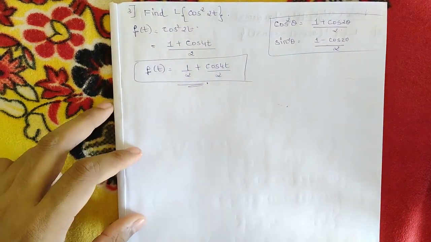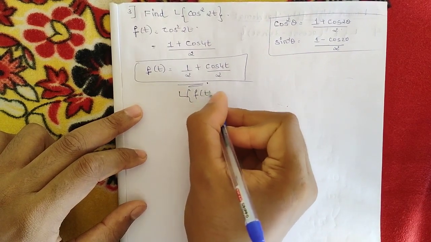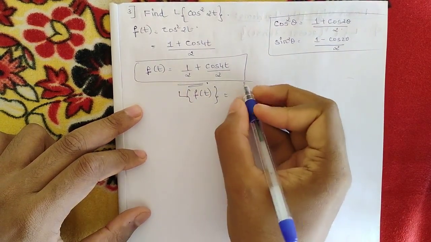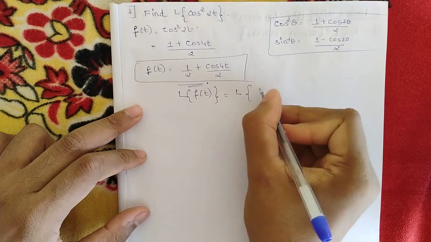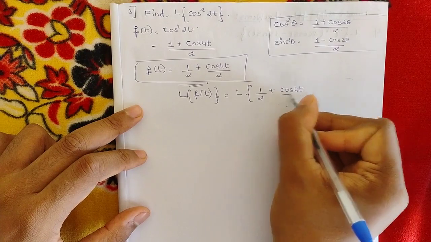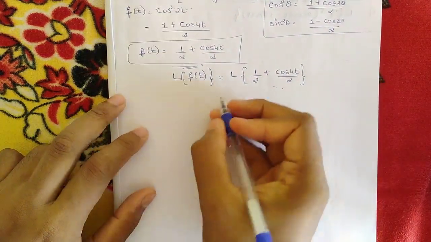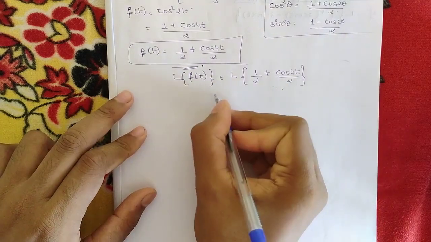So now for this you should be applying the Laplace transform, that is L of f of t is equal to L of 1 by 2 plus cos 4t by 2. Okay, so now again 1 by 2 is common, right? Take it outside.